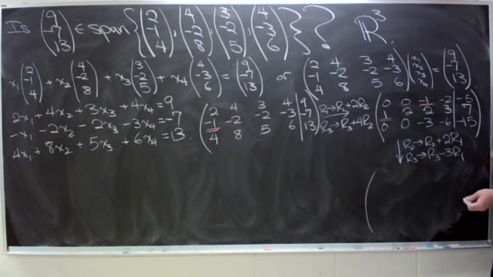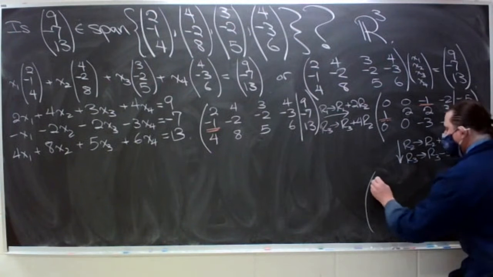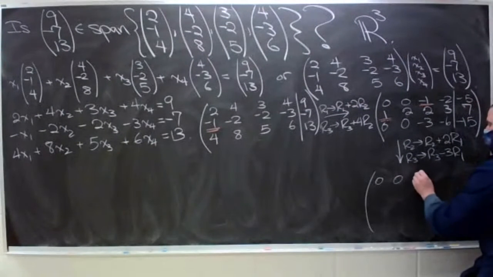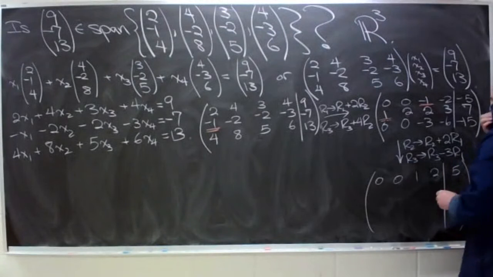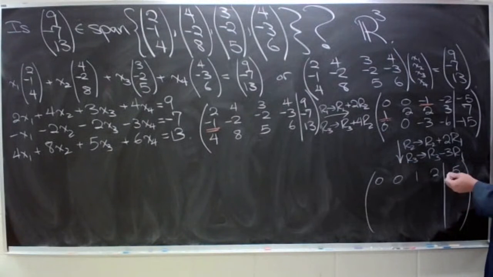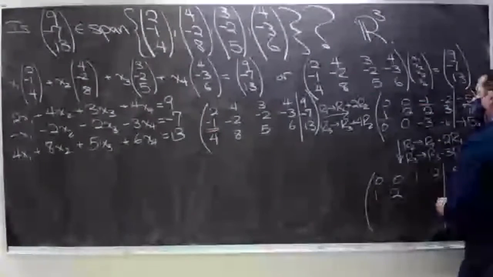All right, row 1 stays the same, although once again, I'm going to change its sign. Row 2 goes to row 2 plus 2 row 1.